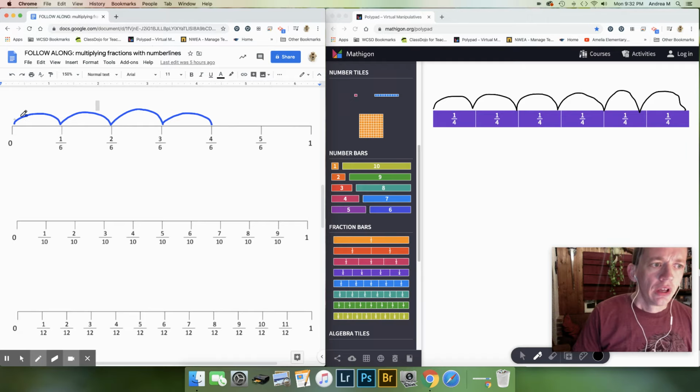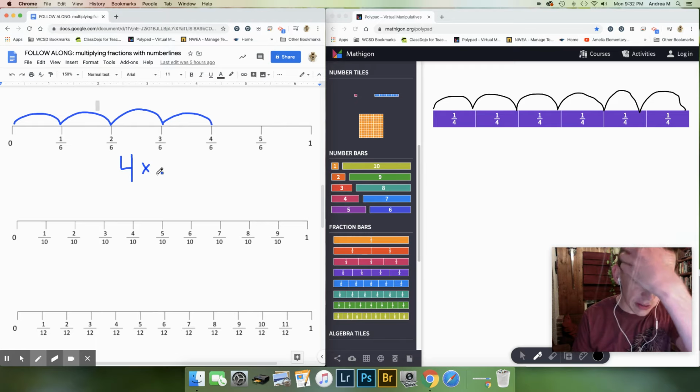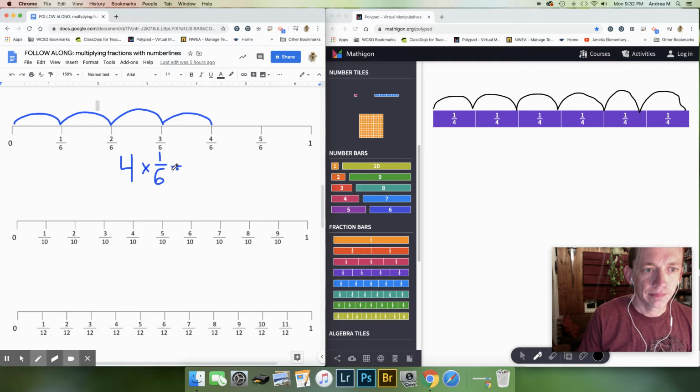Okay, I went 1 time, 2 times, 3 times, 4 times. Each jump, each move, I don't know if that's the official term, but that's what I'm calling it, I went 1/6. So then that lands me at 4/6.